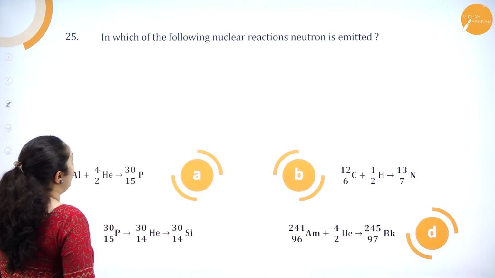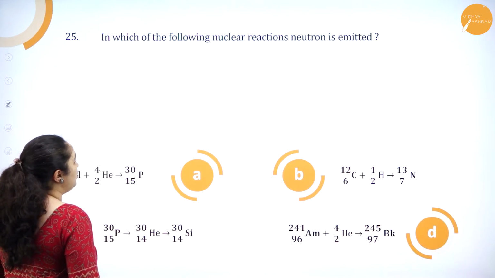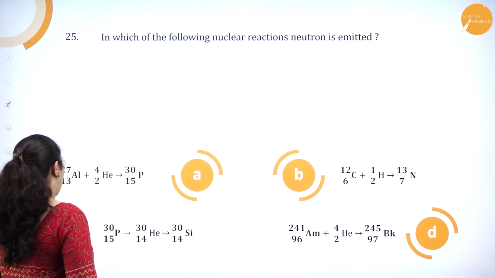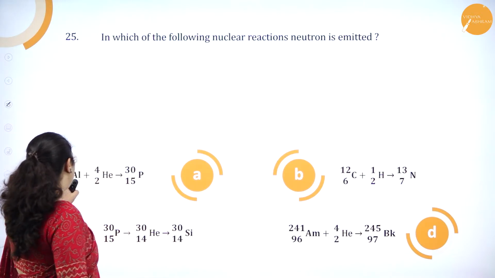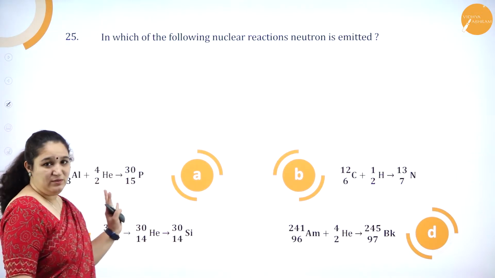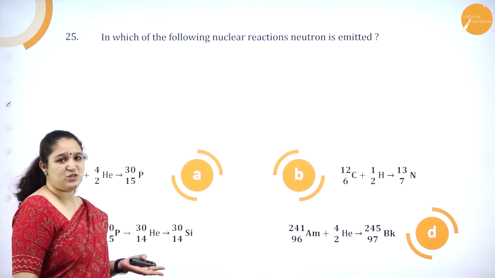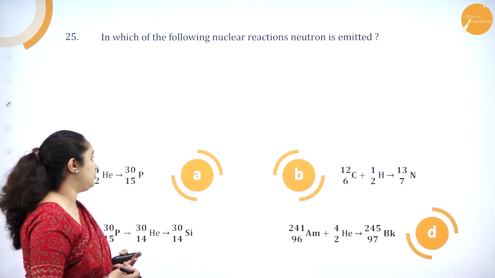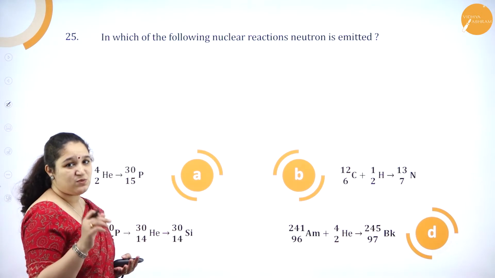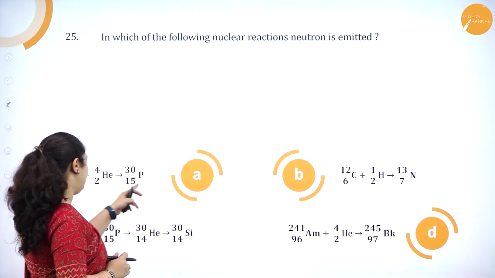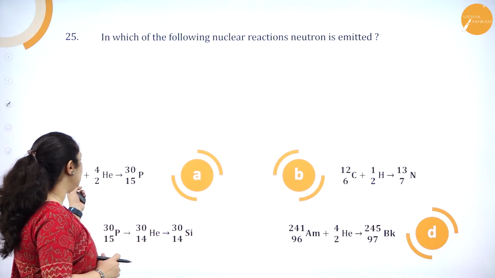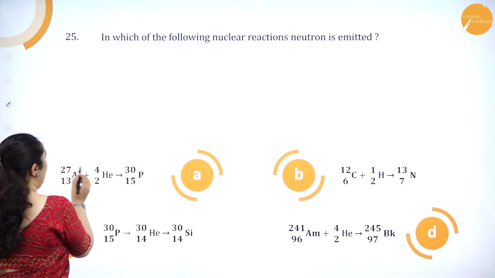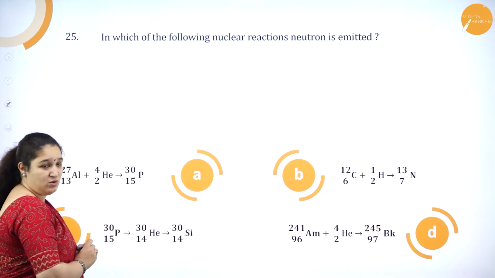In which of the following nuclear reactions is a neutron emitted? We have to find out where a neutron is emitted. Here, before I look into the options, I'll just tell you the technique you have to use. Neutron, mass is 1, but of course, atomic number it does not have, it will be 0. So, where there is a difference, you add and see the atomic masses, okay.